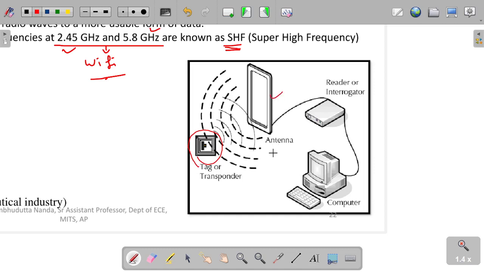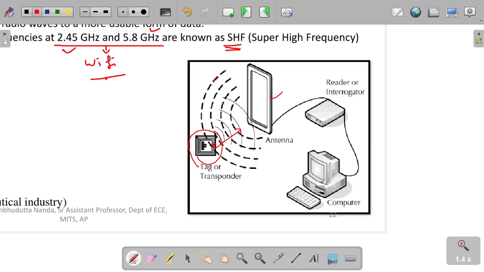The RFID reader sends a signal to the RFID tag. Once the electromagnetic wave is received by the RFID tag, what happens inside? There is no battery inside, so how does it work? By the received electromagnetic waves only, it generates some electromagnetic field inside the circuit. According to that, a response signal is sent back from the RFID tag.